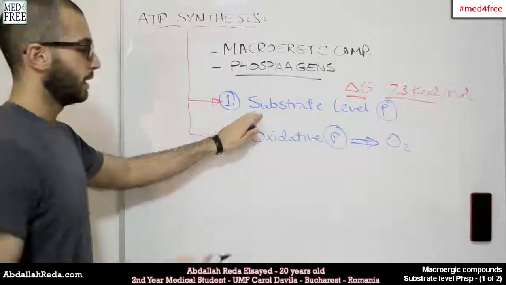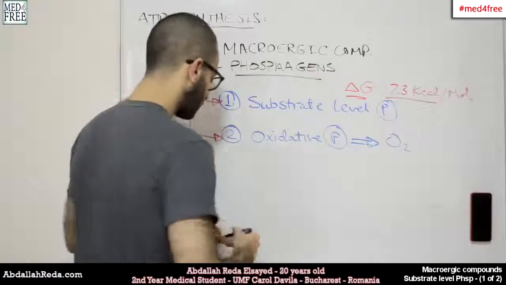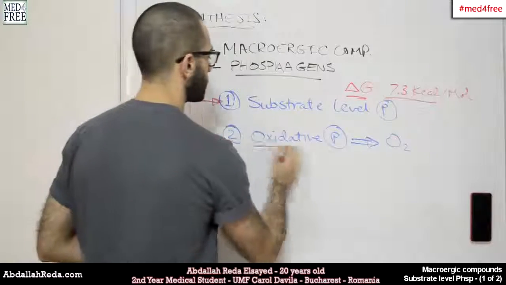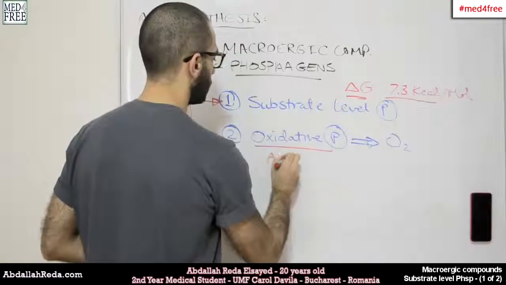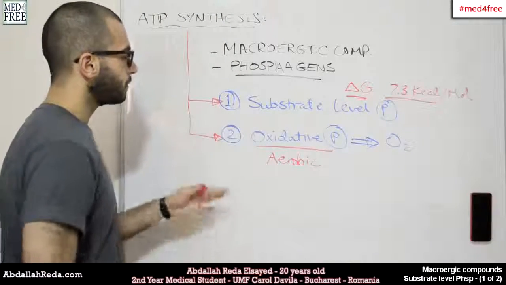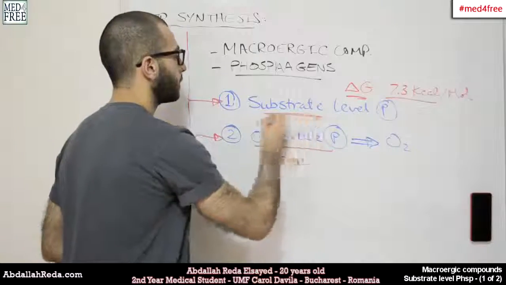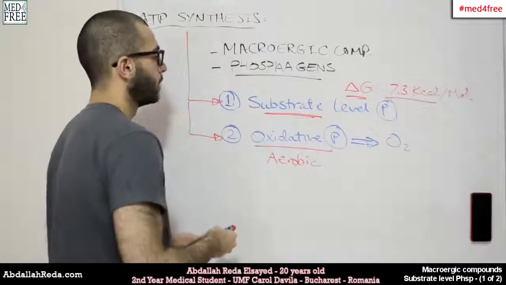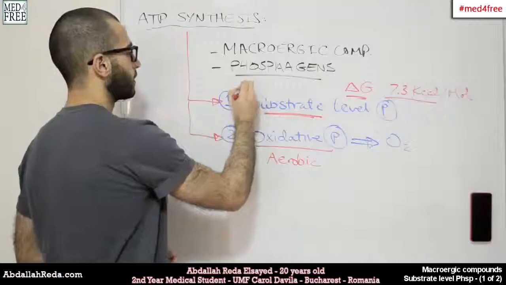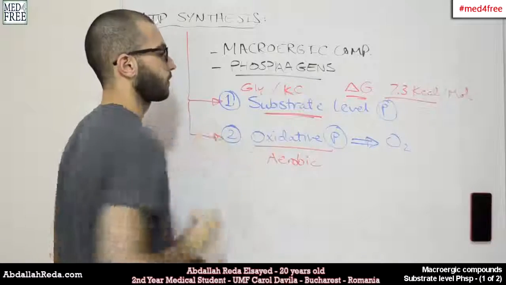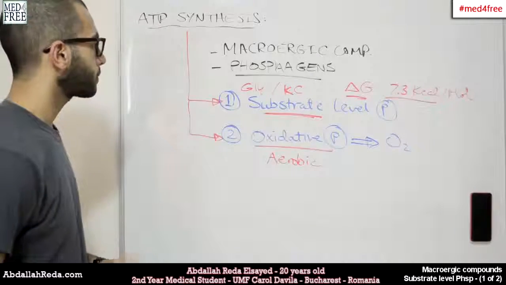The other one doesn't need the presence of oxygen, and from this we can conclude that this one happens in aerobic respiration, and the other one is in the steps of the respiratory cycle. So it happens in glycolysis, it happens in Krebs cycle, and so on.